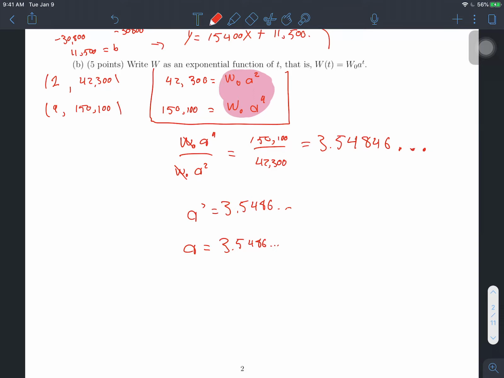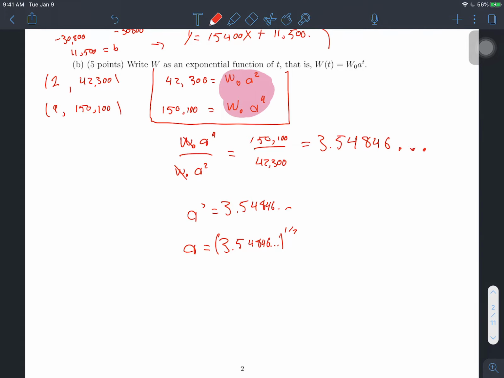And taking the 7th root, 3.5486, I'm missing a 4, amounts to taking the 1/7 power. So I'll take this number here and I will raise it to the power 1/7.